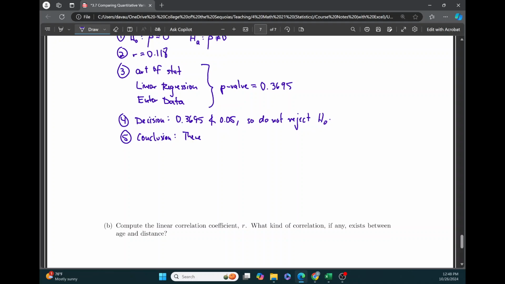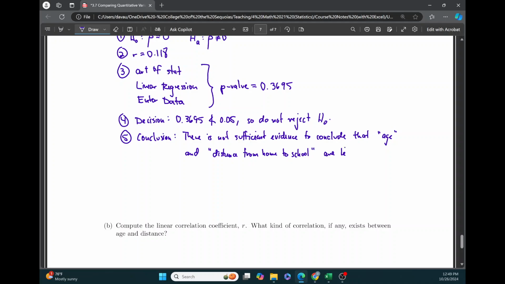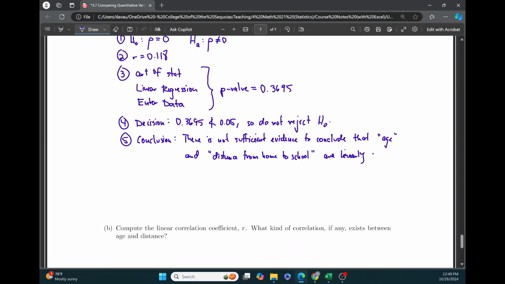There is not sufficient evidence to conclude that age and distance from home to school are linearly correlated, or in other words, dependent.